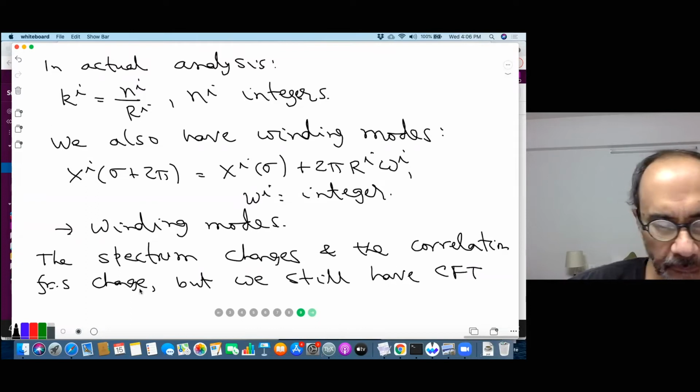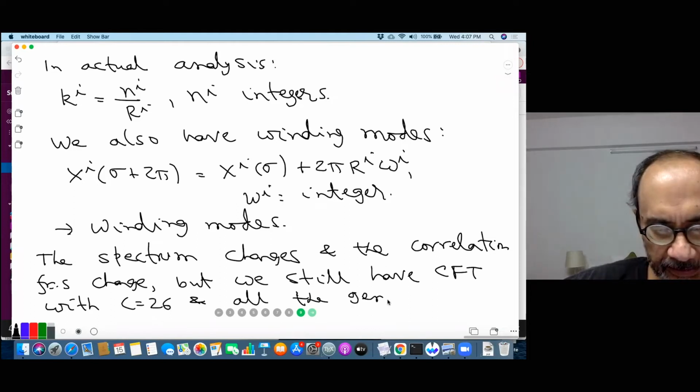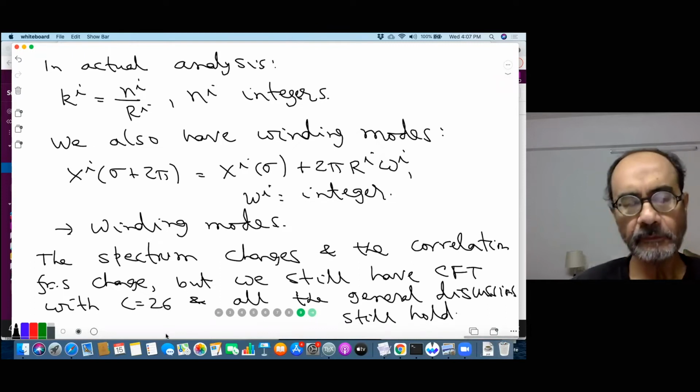CFT with C equal to 26. And all the general discussion still holds.